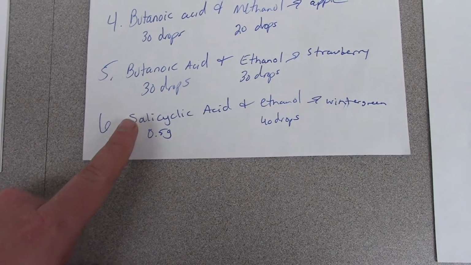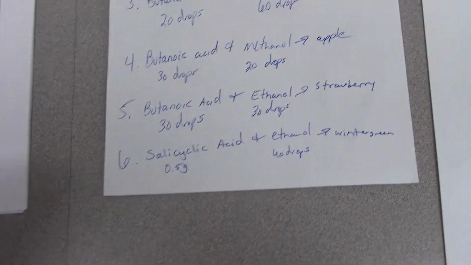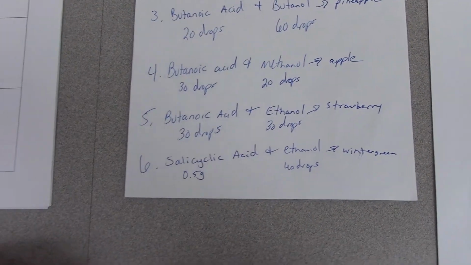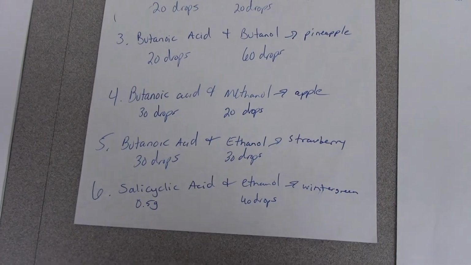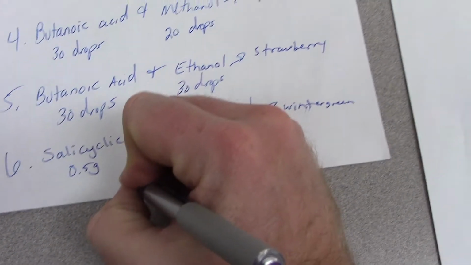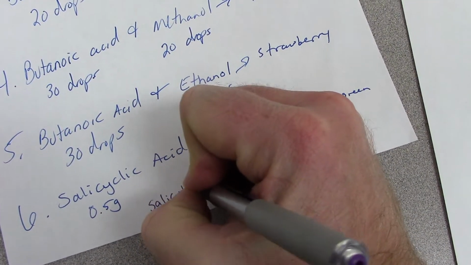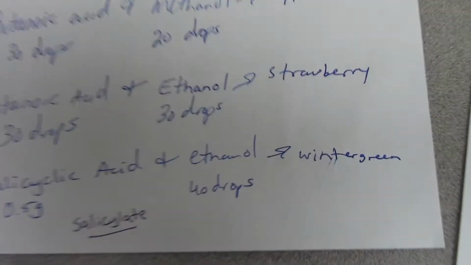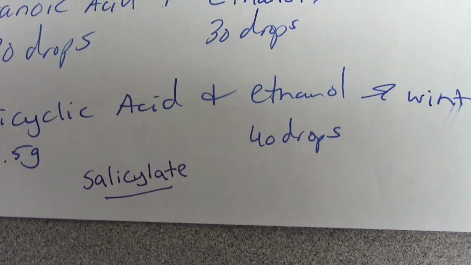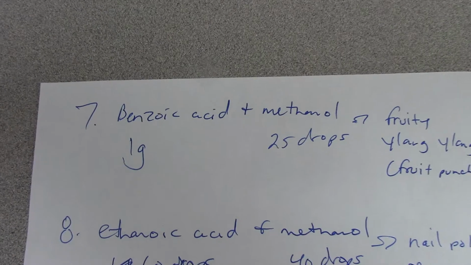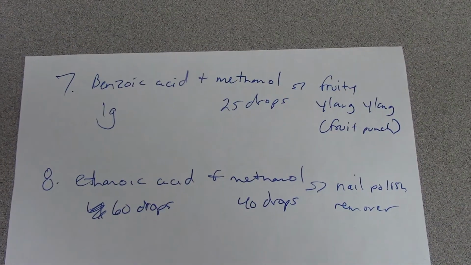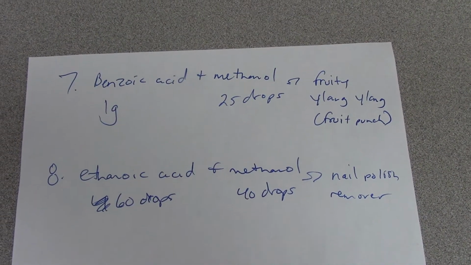That's how you pronounce it. So salicylate, just like you would with the ethanoates or the butanoates. Salicylate is spelled like this. I'm going to leave that one for you to do, however. Benzoic acid will be benzoate, so you'll have to figure that out.